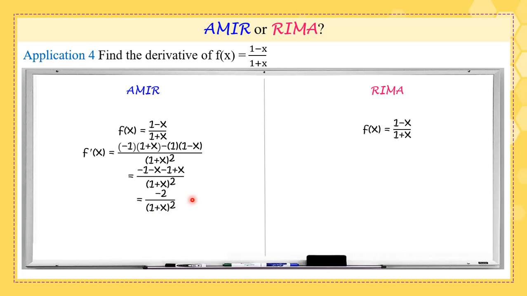Now what Rima did is that if f of x is u over v, f prime is u prime over v prime, which is negative 1. Also here we can see that Amir's method is correct, whereas Rima's method is not correct.